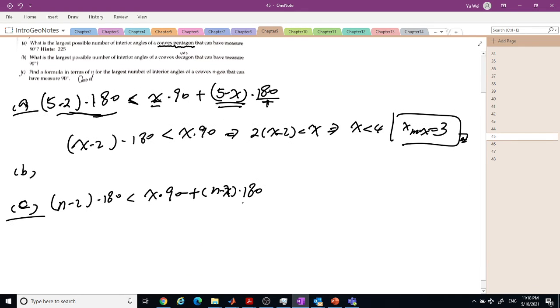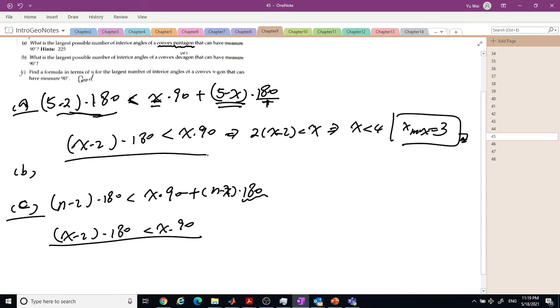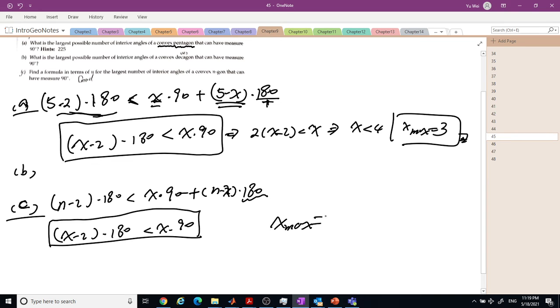The same reason, we think the rest of them are 180, right? Then we can see we have n times 180. Then we have (x minus 2) times 180 is less than x times 90. It's exactly the same inequality, right? So x max is equal to 3.